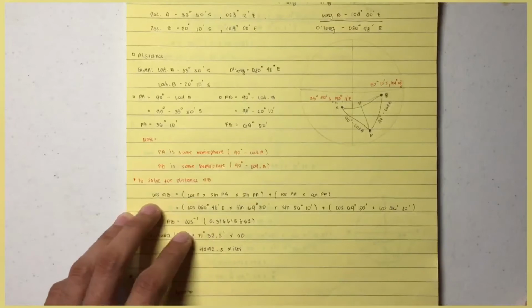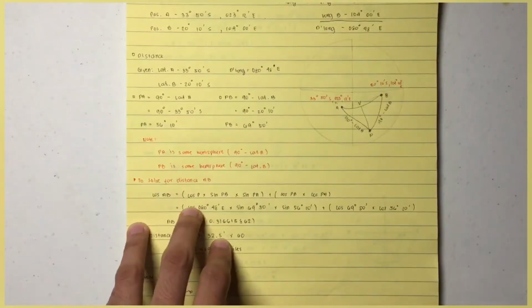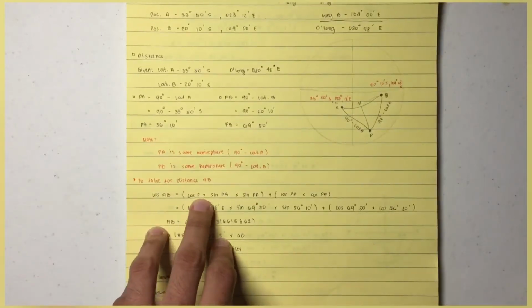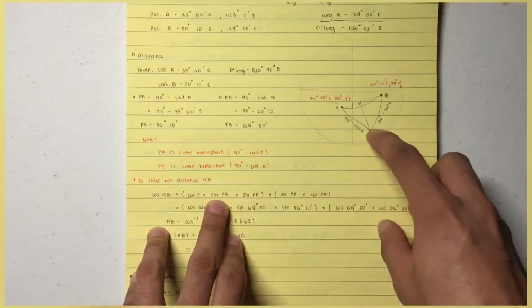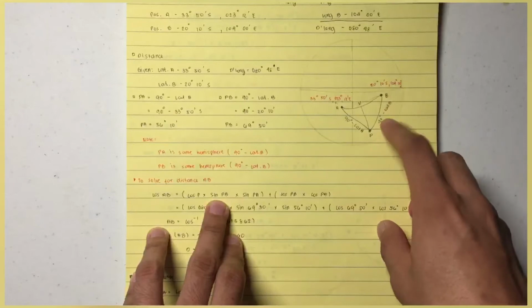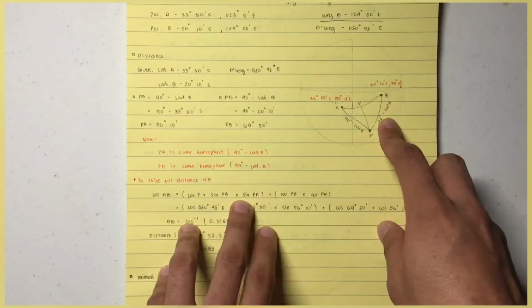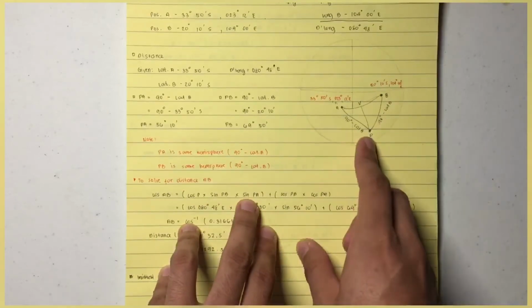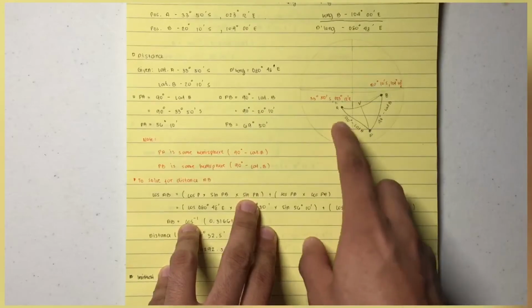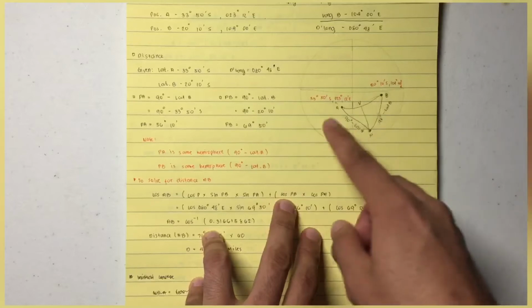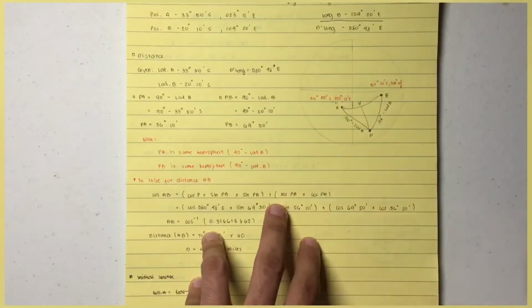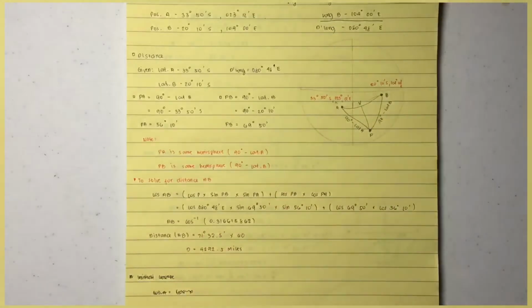Cosine AB, or the distance AB, is equal to cosine P, which is the pole, times sine PB, or the arc PB, times sine PA, the arc PA, plus cosine PB multiplied by cosine PA.